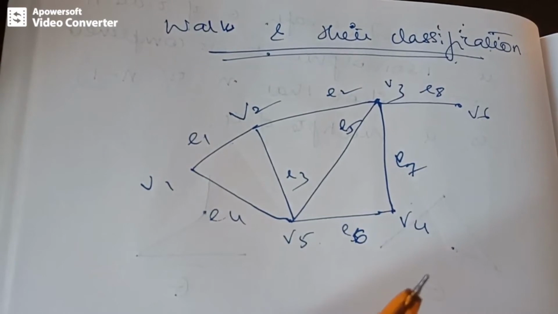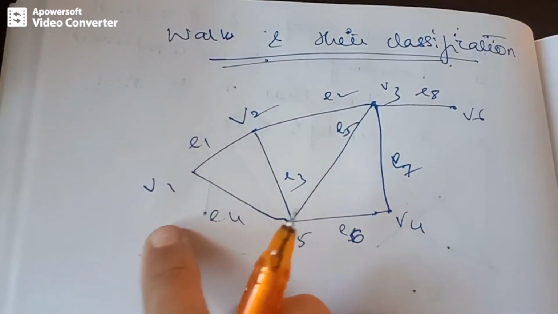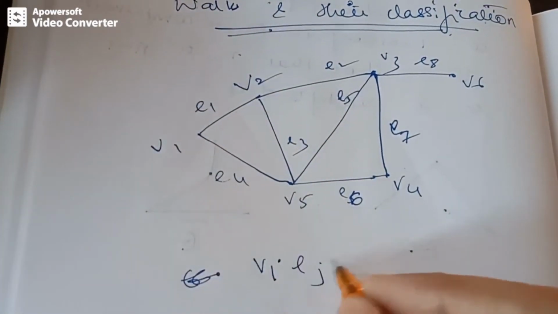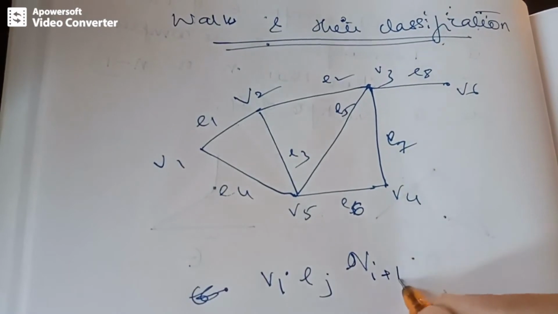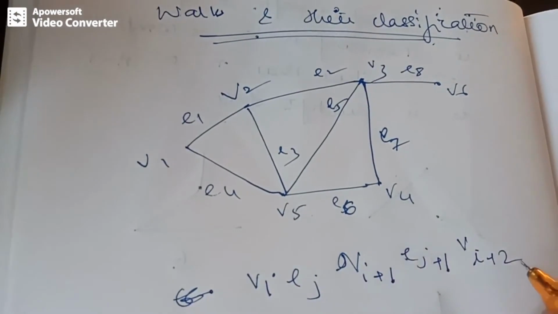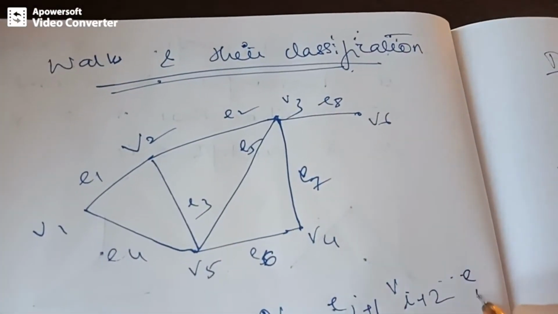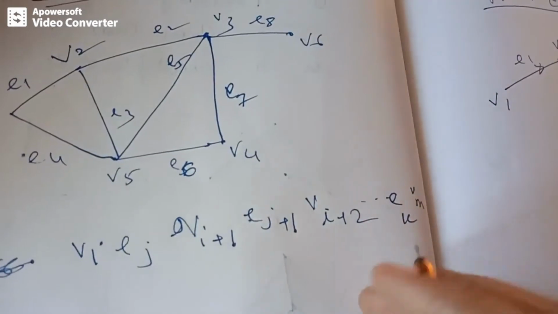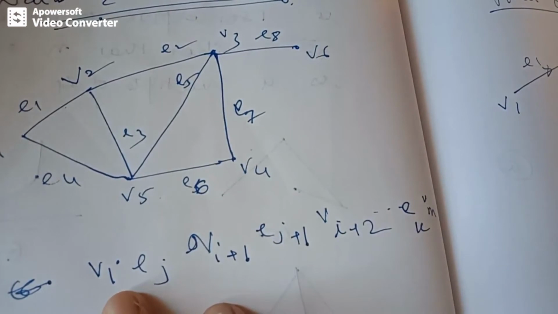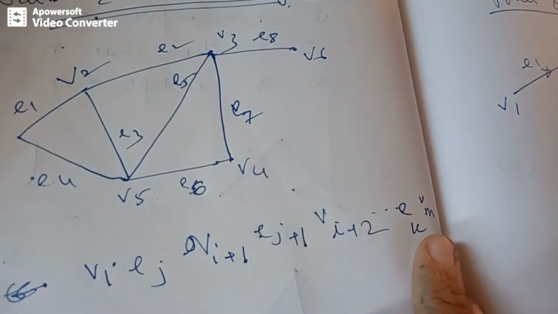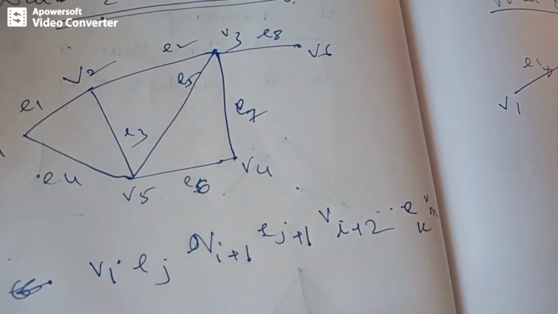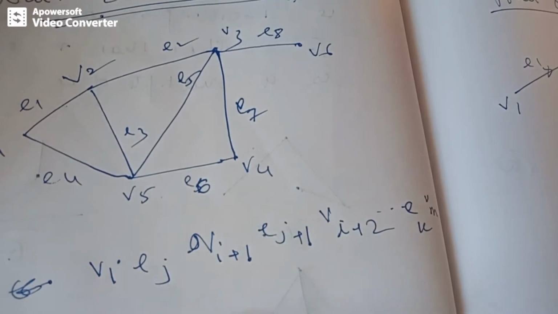In graph G, we can consider an alternate sequence of vertices and edges of the form: a vertex, then an edge, then the next vertex and next edge, likewise up till the last vertex. It starts with one vertex and ends with another vertex. Between them we have edges in sequence which are incident on the vertices. Such a sequence is called a walk.